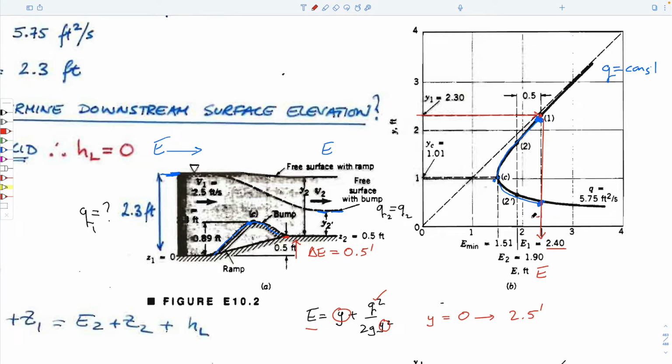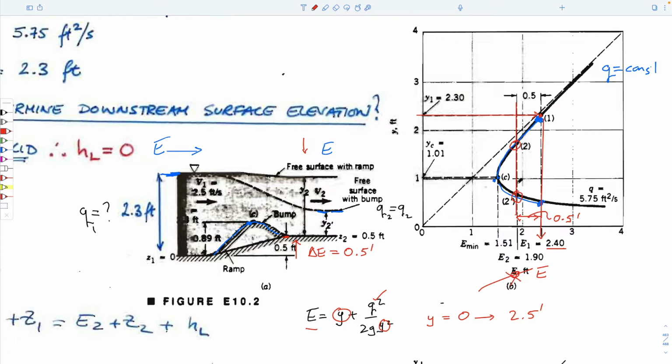We know that downstream we're at an energy which is 0.5 feet less, 2.4 going to 1.9. And so now we're on this line here. And so we know that at this downstream location where we are here, we're either at this point on the curve or this point on the curve, or I guess the negative one, which we know we aren't.